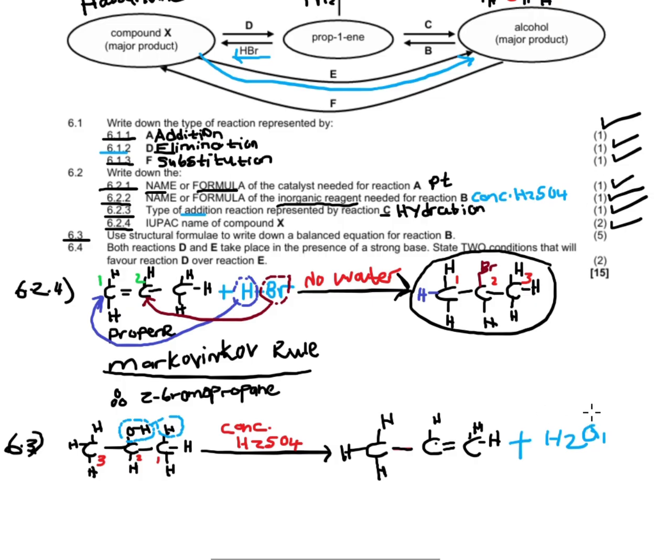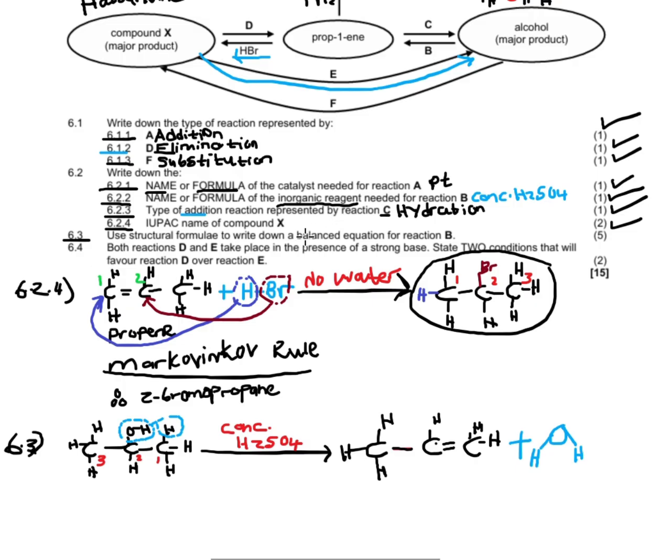This is wrong. You have to write the structural formula. So the structural formula is like this. Put the hydrogens here, and then my hydrogen here. Can you see that, guys? So that is the structural formula that you were required to write.